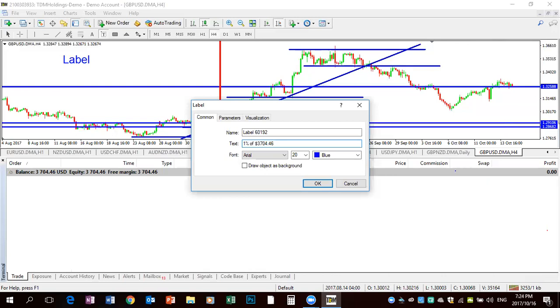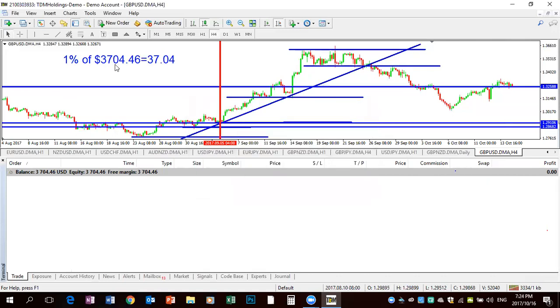My balance is $3,704.46, and if you calculate your 1%, you type 3704.46 times 1 divided by 100, and I am getting 37.04. That is my 1% of this balance.